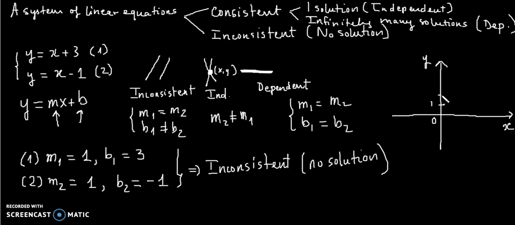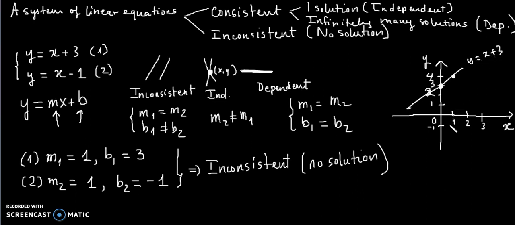The y-intercept is 3, so this line here. And then the slope is 1, so rise 1, run 1. So I have this, and this is y equals x plus 3.